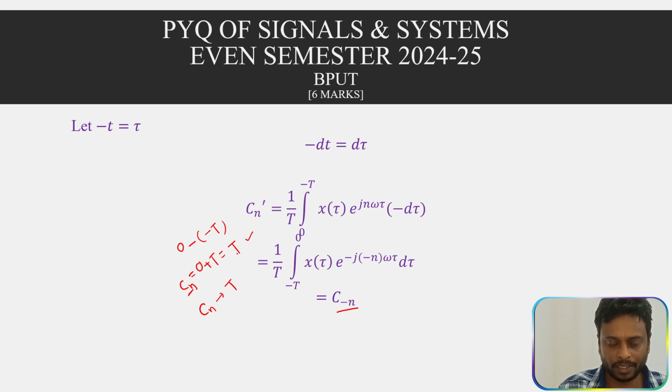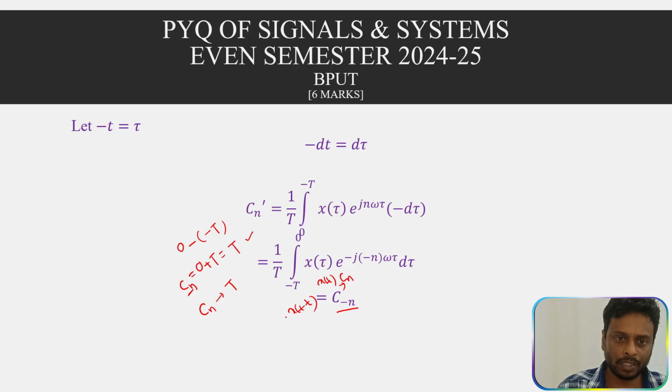If x of t has Fourier series coefficient Cn, then with time reversal, x of minus t, it will be C of minus n.